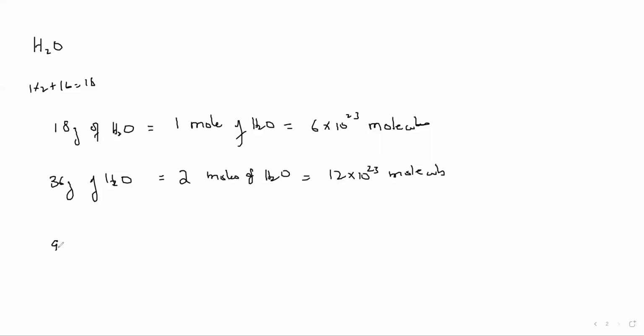But if we have 9 grams of water, it means we will have half mole of water, and that will have 3 exponent 23 molecules of water. So the idea of the mole is it is amount of substance which contains Avogadro's number of particles, and atomic mass or molecular mass when expressed in gram is termed a mole of a substance.